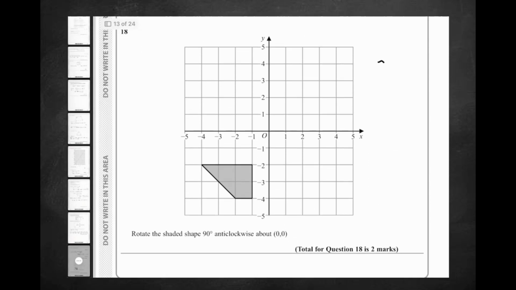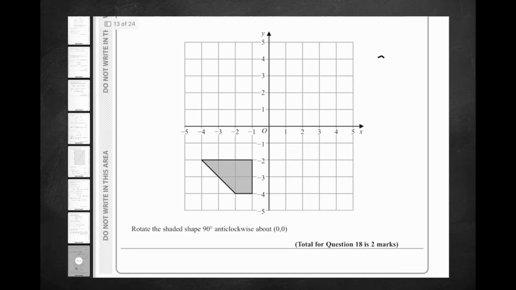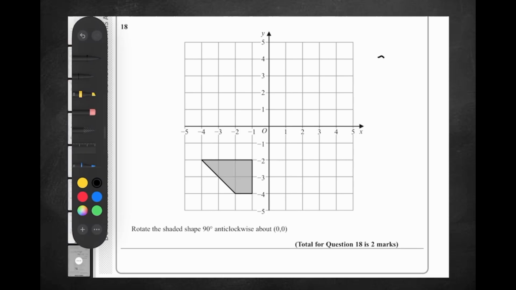Question 18. Rotate this shape 90 degrees anti-clockwise about 0, 0, which is the center of the graph. So we want anti-clockwise, which is going to be this way, about 0, 0, and we want 90 degrees.